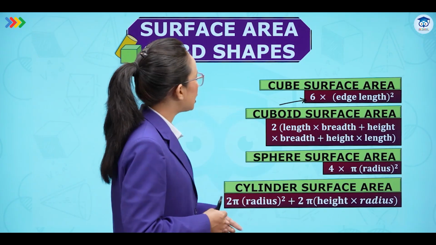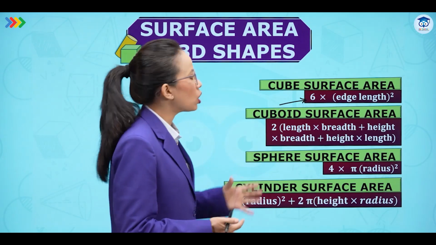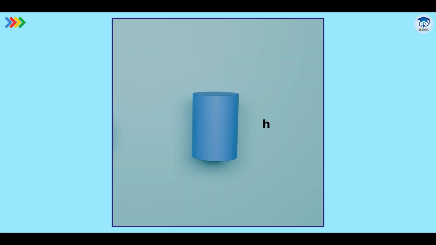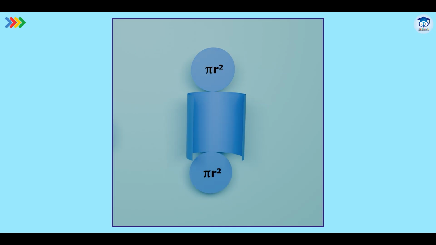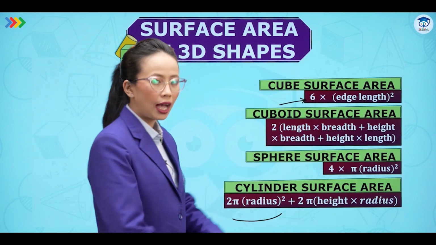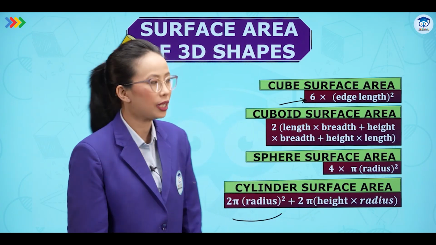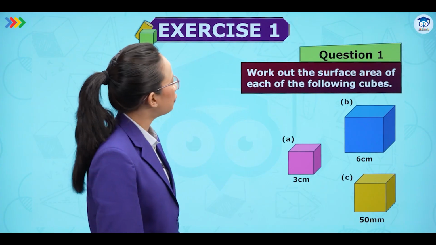Next, we have the cylinder surface area. When we talk about the cylinder, there is a curved surface, and on top and base we have 2 circles. For the circles, we have 2 pi radius square, and the curved surface is 2 pi into height into radius.